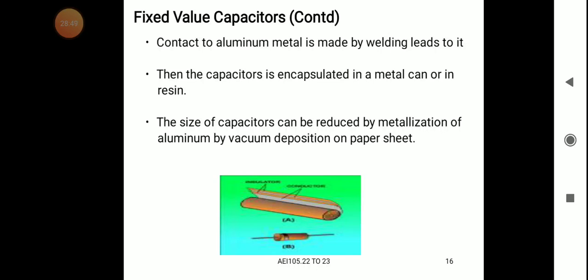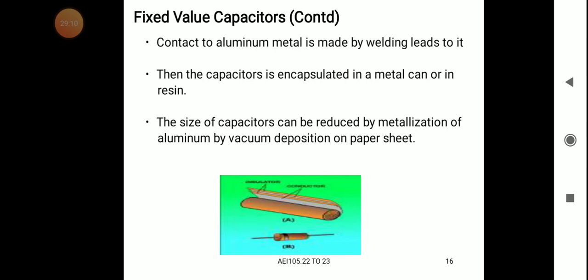Further, contact to the aluminium metal is made by welding the leads to it.